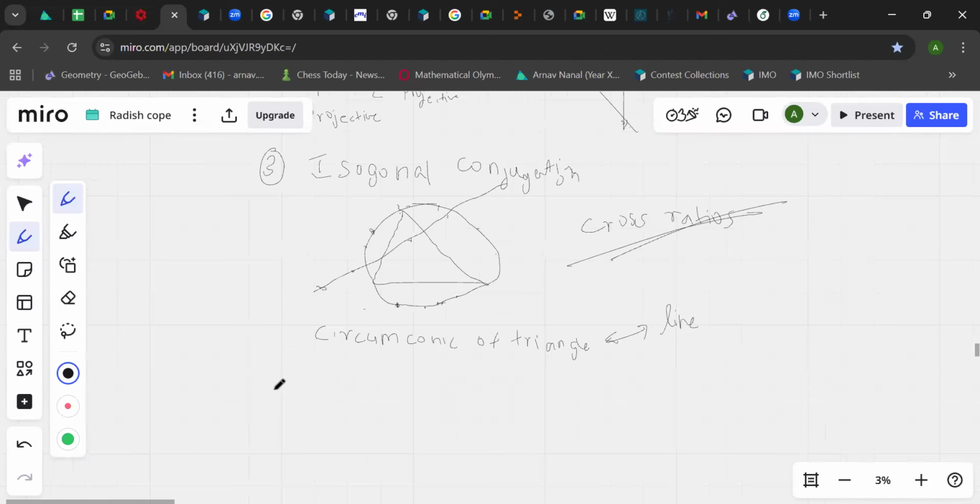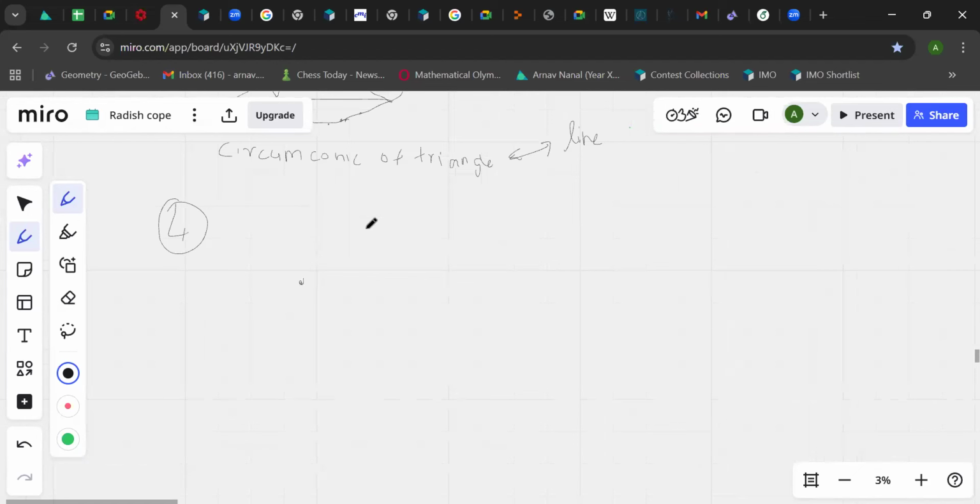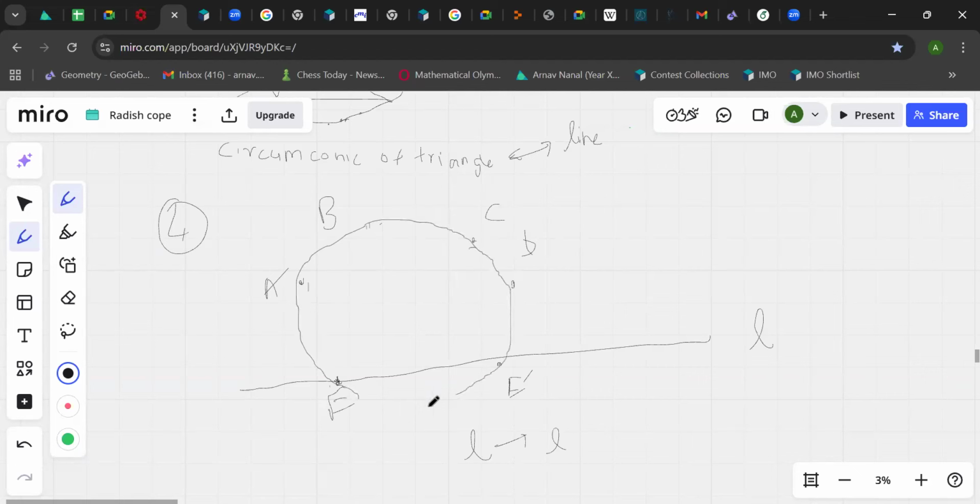Another thing I wanted to say is that if you have 4 fixed points, and a point and a random line L, you define a map from the line L to itself, where you map every point E to point E dash, which is the second intersection of the conic. Five points determine a unique conic, so there will be a conic passing through all of these, and since it's degree 2, it will intersect L at a second point.